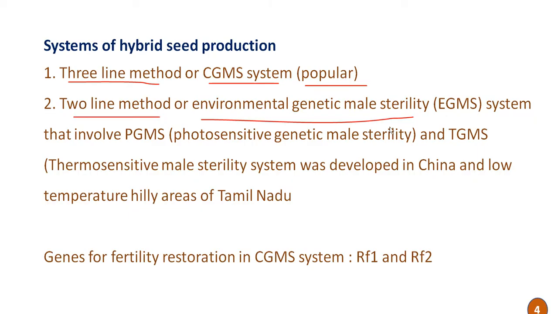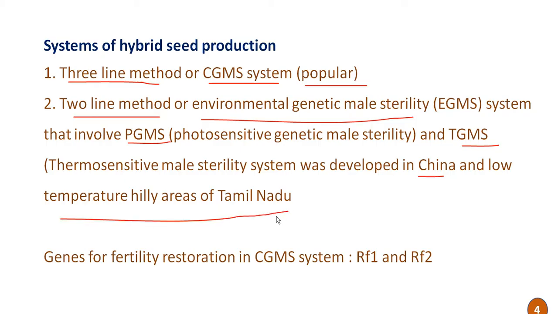This EGMS has two types: PGMS, photosensitive genetic male sterility, that is light sensitive, and TGMS, thermosensitive genetic male sterility, that is temperature sensitive. These are the two types of genetic male sterility under environmental genetic male sterility utilized for hybrid seed production. In some places, thermosensitive male sterility was developed in China and in the low temperature hilly areas of Tamil Nadu.